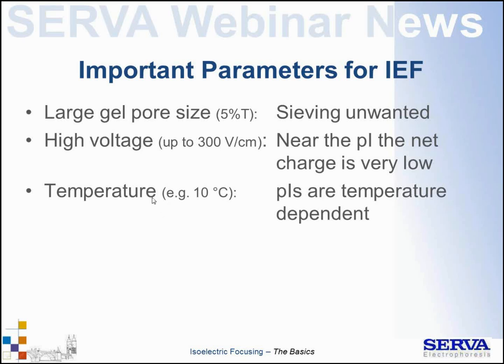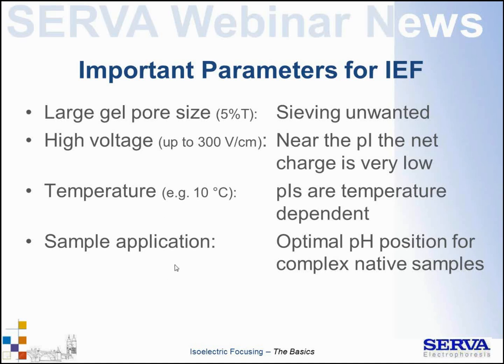So it's very important to run isoelectric focusing at a defined temperature. Often it is 10 degrees when it's a native separation. And the sample application, in many cases under native conditions, it is very important to find out the optimal pH position to apply the mix of the proteins.